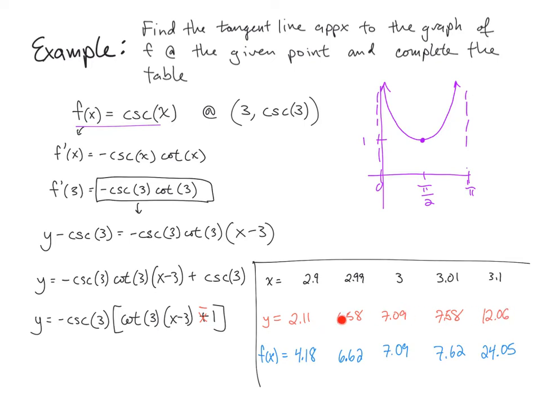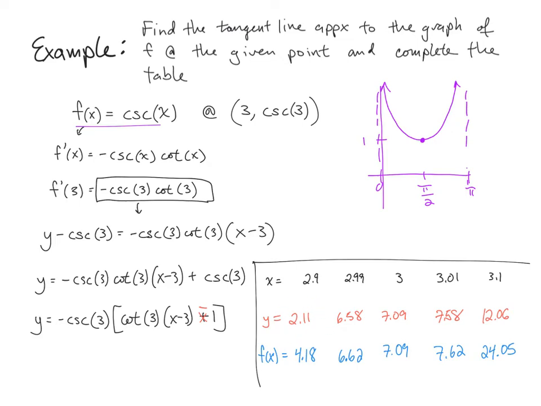And the tangent line approximations don't care about vertical asymptotes. They will just keep going. The same thing going to the left. It's way off because the graph is not decreasing to the left as quickly as the tangent line function is.